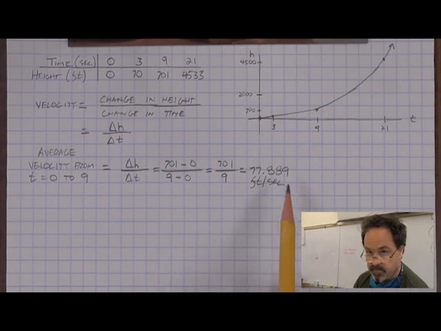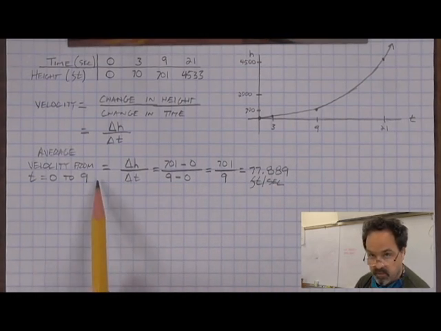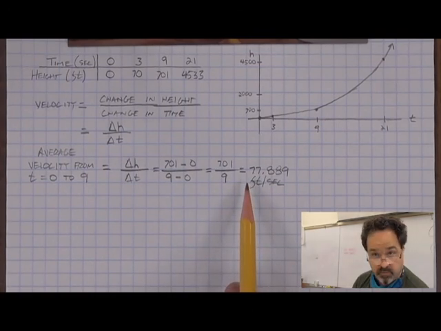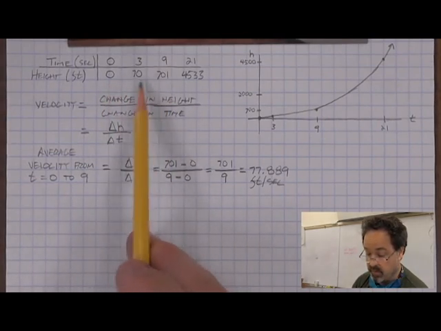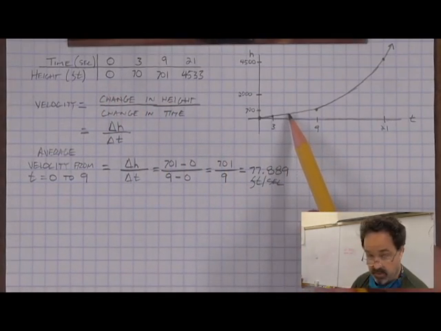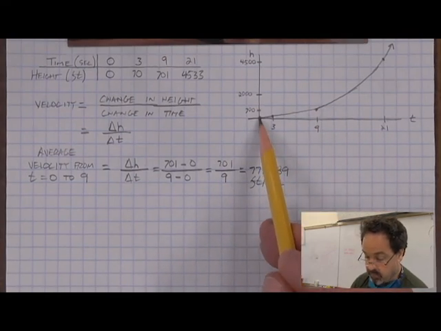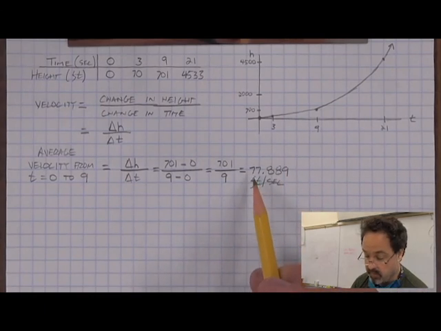The velocity of the rocket from time 0 to 9 is 77.889 feet per second. That's how fast the rocket is traveling, on average. So at any point in between 0 and 9, the rocket is moving at a different speed. But on average, along this interval of time, the rocket is moving about 78 feet per second.